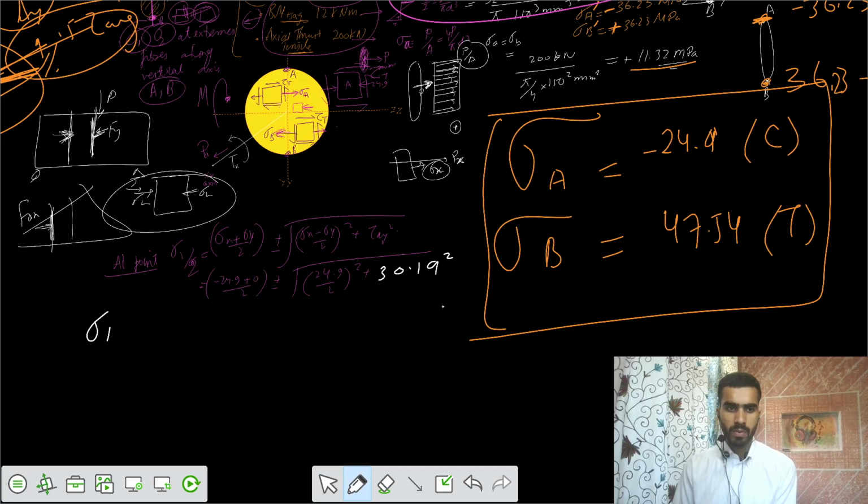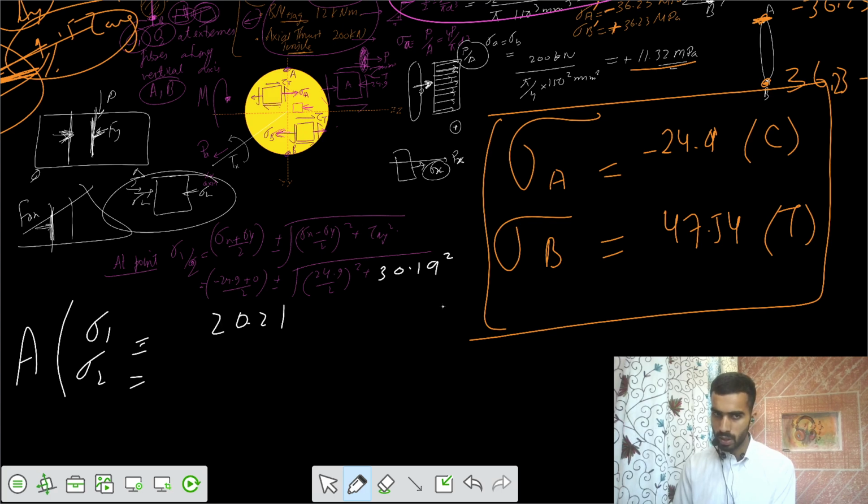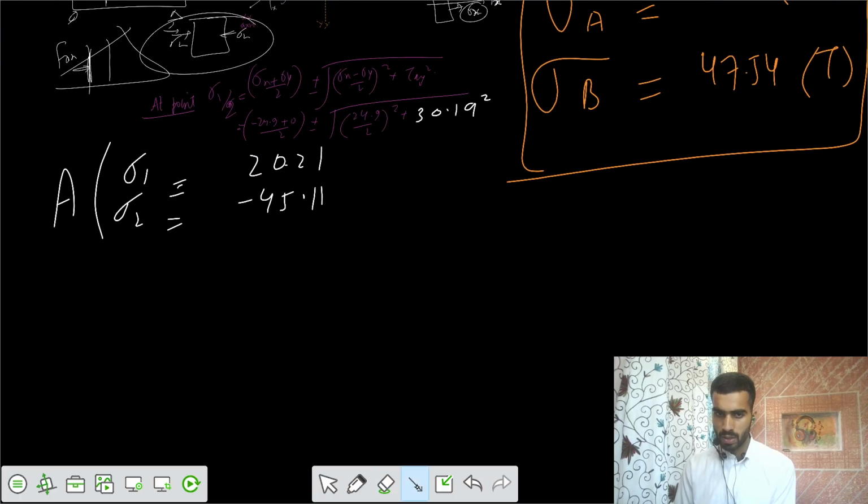So I got a value of sigma 1 and sigma 2 at point A, that equals 20.21 and minus 45.11.